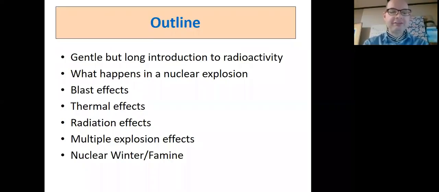I'm going to talk about blast effects and thermal effects, then radiation effects, and then I'm going to talk about the effect on the environment. And this is about recent research, which I touched on in the introduction for my first lecture, on nuclear winter and nuclear famine.